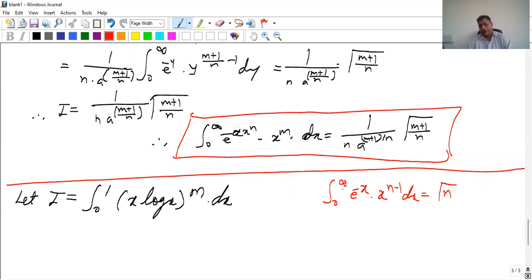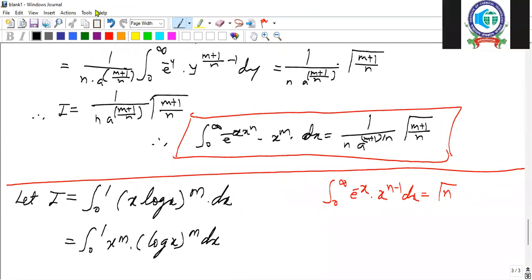Now see, we need the limit 0 to infinity. Then we need the exponential term, and we have the power of the variable, where the exponential function has the minus sign of the variable. Now, can you tell me, in integral 0 to 1 of x raised to m log x raised to m dx, which of these two functions will get converted to the exponential?